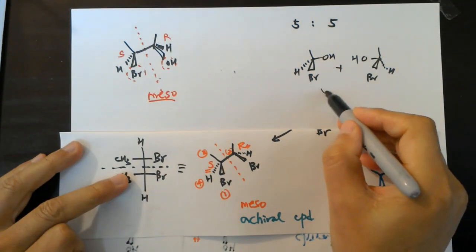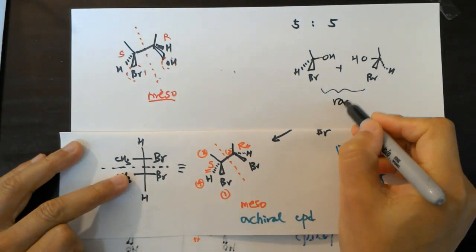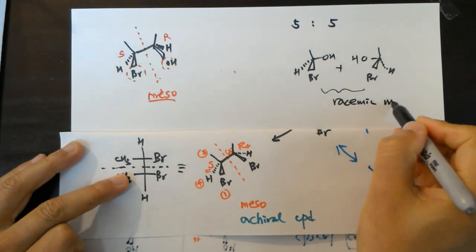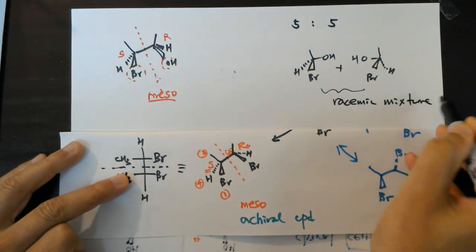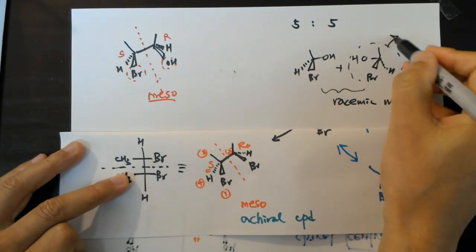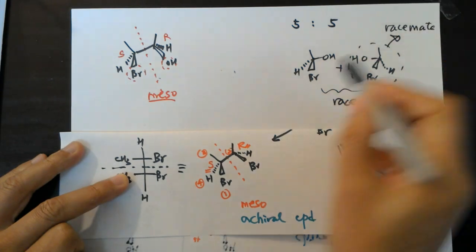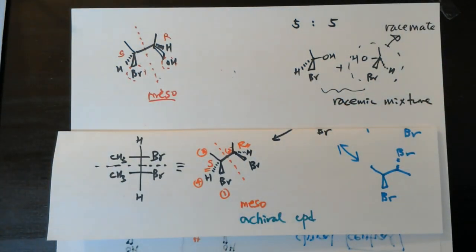This mixture is called a racemic mixture, and those molecules are called racemate, like a roommate to that one.